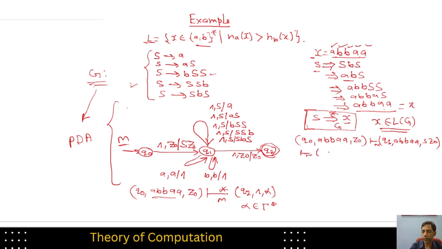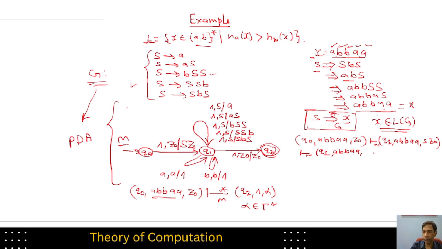So now next is what? You are at the state Q1 and the top of the stack symbol is what? S. So you are not going to consume the input. So you have A double B double A. The input to be read next remains the same, and your S is going to be replaced with a string.